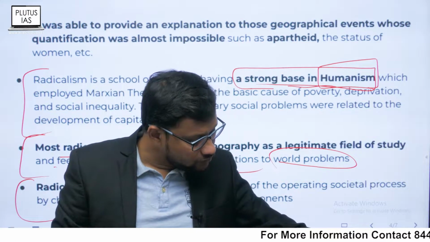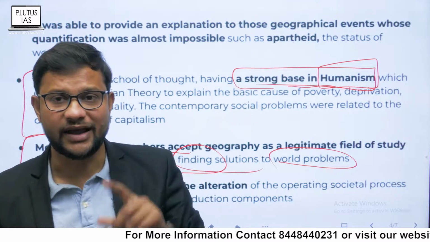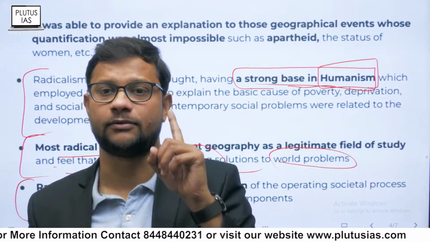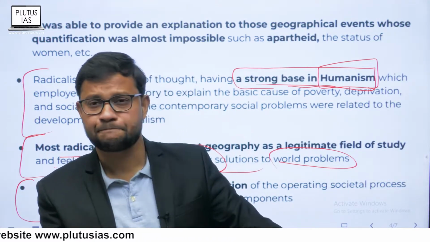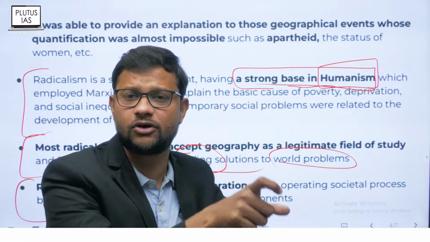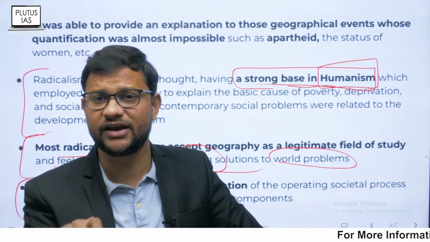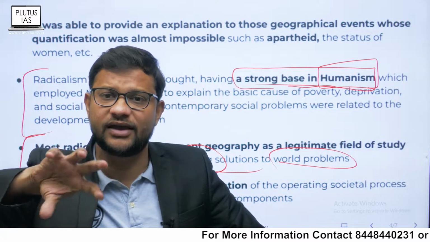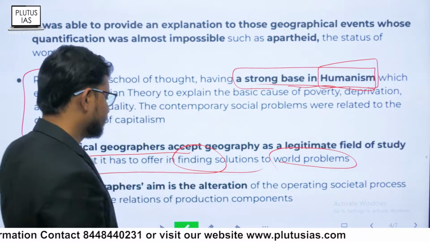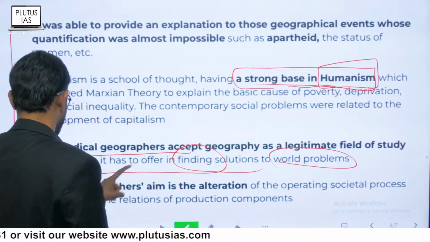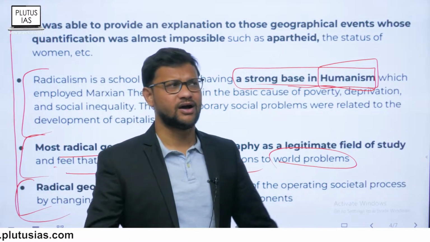So this radical approach believes in the rejection of all these aligned tendencies of the quantitative revolution, or of considering the living mass as of no importance at all. This is how radical geography evolved.